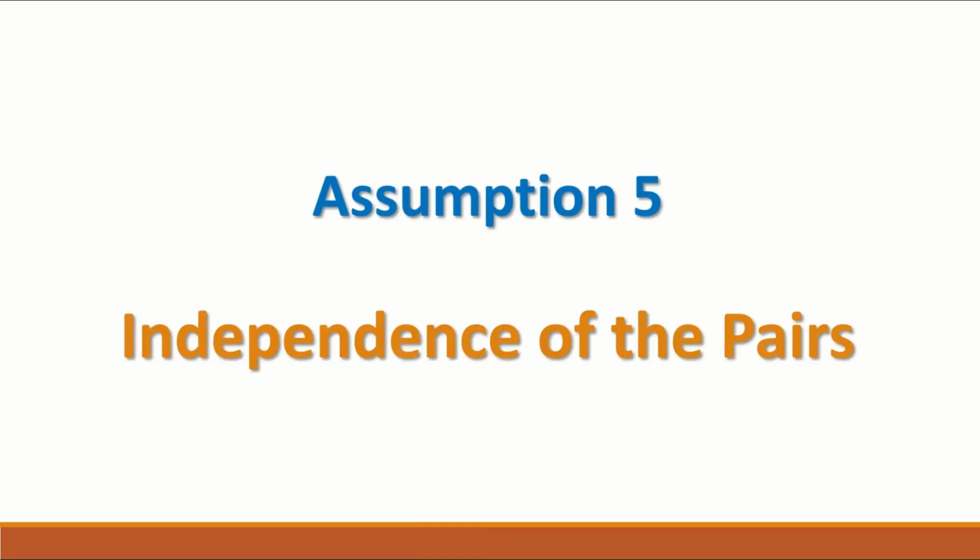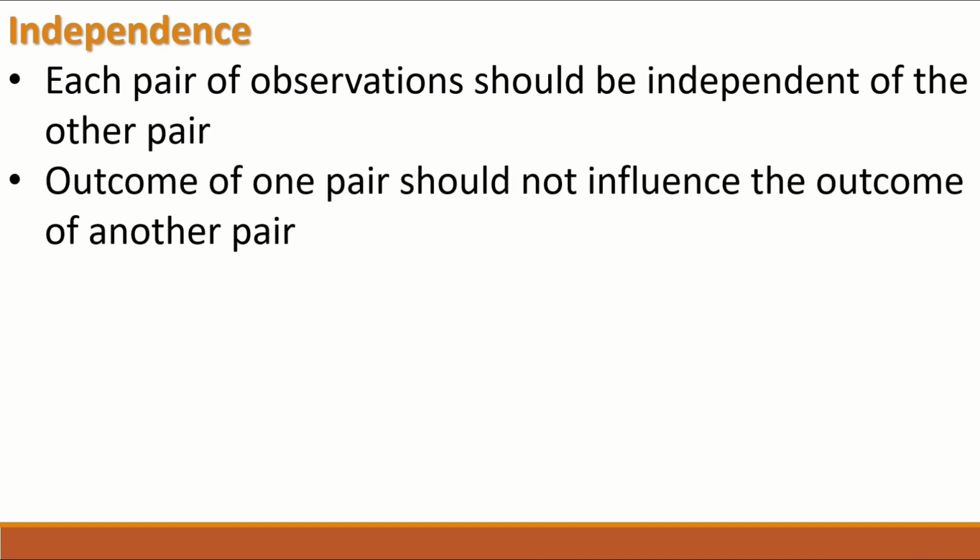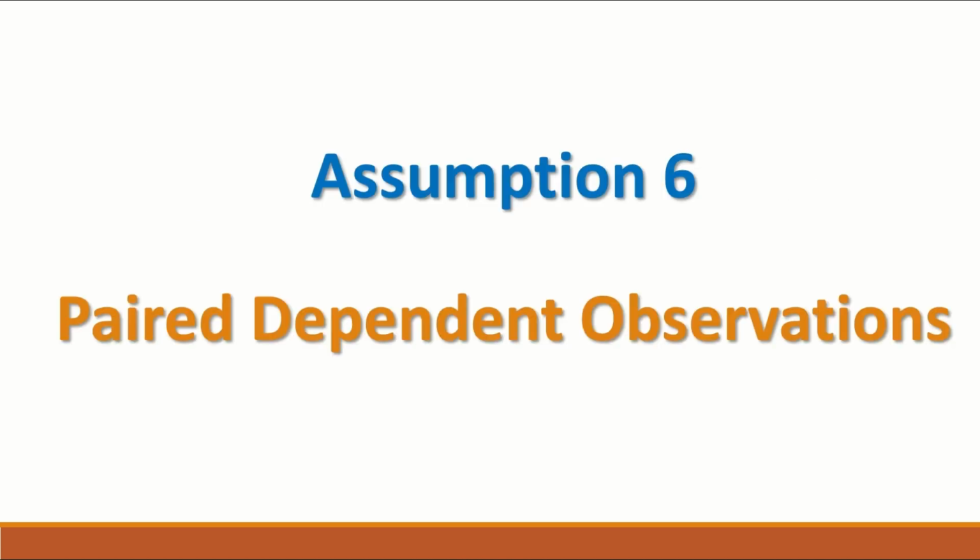Another assumption that has to be met is the independence of pairs. So each pair of observations should be independent of each other. The outcome of one pair should not influence the outcome of another pair.